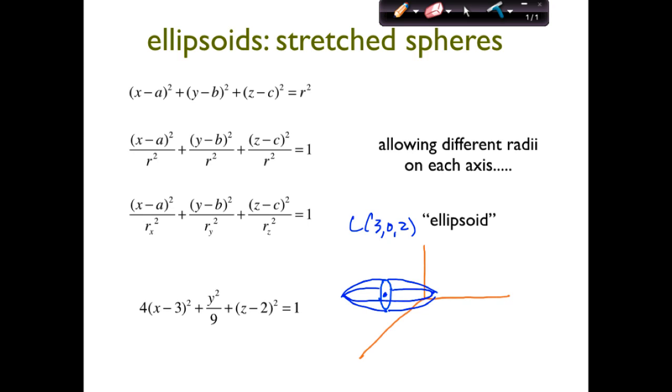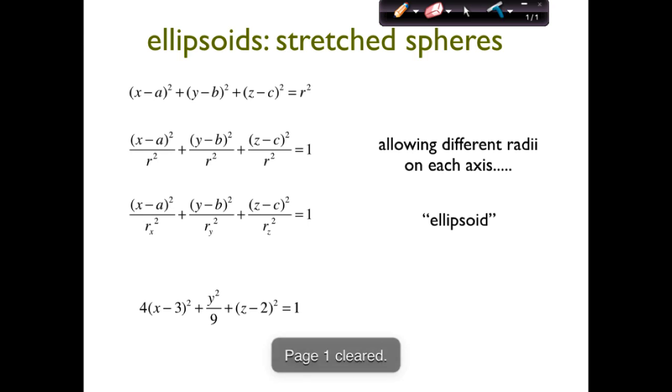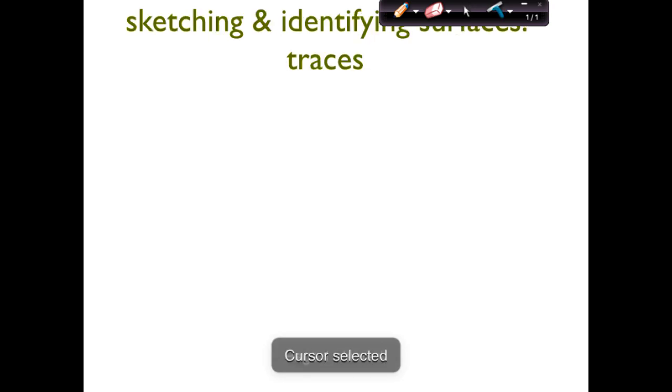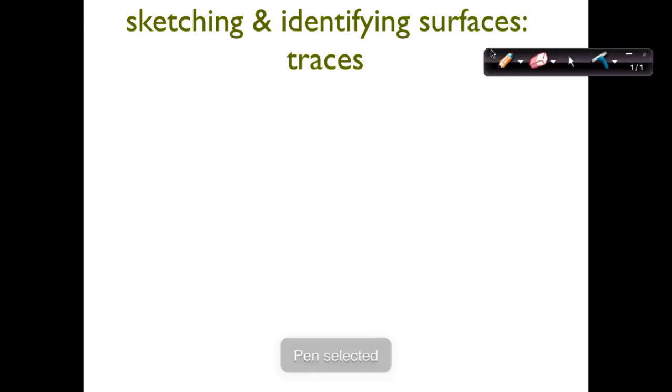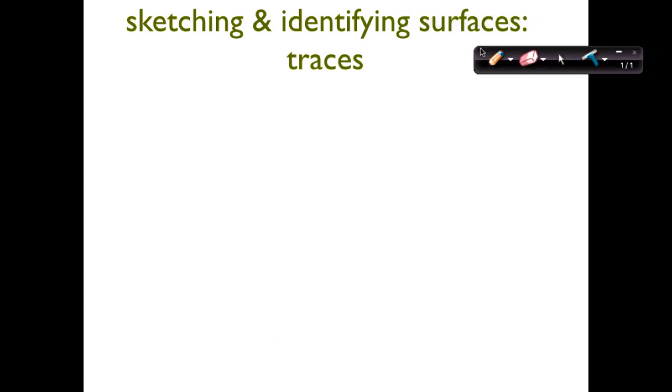So ellipsoids, any questions? Make sense? So we got planes, spheres, and ellipsoids. Okay, so other things, we're going to sketch and identify with something called traces. Traces is where you choose a, I think I've it down here.